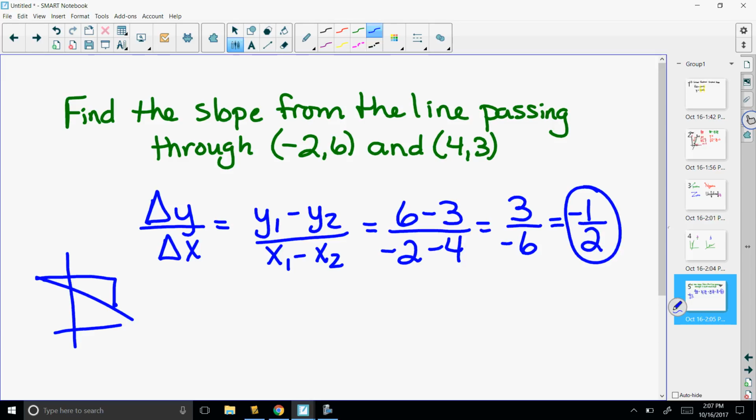So my slope is -1/2. You have a rise of 1. So if I pick a point over here, I'm going to go up 1 and back 2 so that I get that negative slope. Or from this point, I could go down 1 and to the right 2, so I still get that negative slope. Your direction is on whether you notice if it's positive or negative. You've been doing that. You should be okay with that calculation.